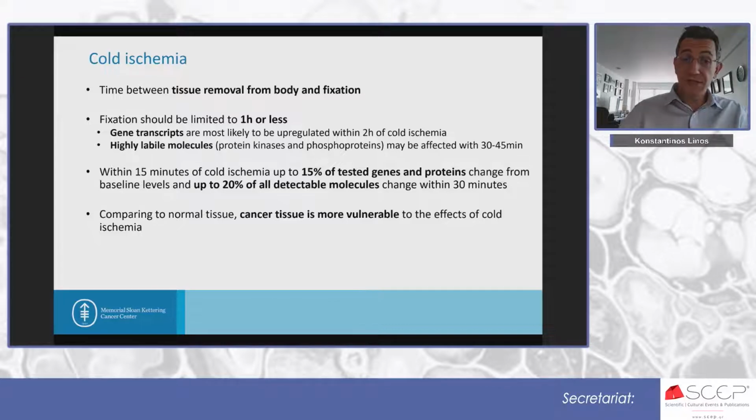People have studied that, and within 15 minutes of cold ischemia, up to 15% of tested genes and proteins change from baseline levels, and up to 20% of all detectable molecules change within 30 minutes, right? So you can see how fast things happen. And in relation to normal tissue, the neoplastic tissue, the cancer tissue, is even more vulnerable to the effects of cold ischemia.